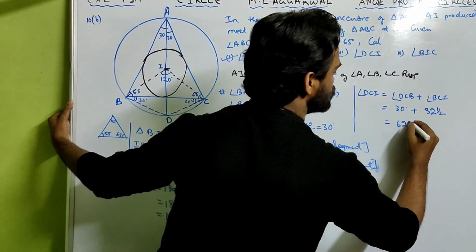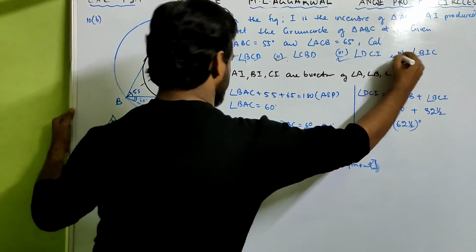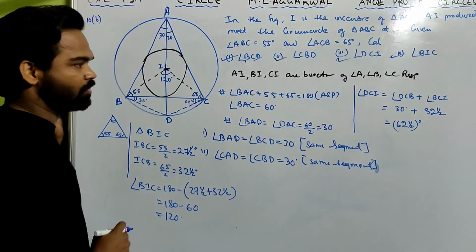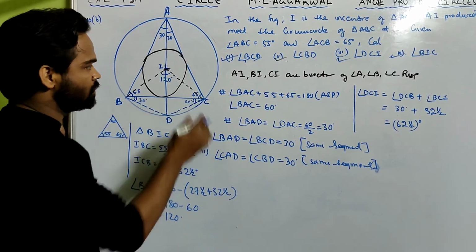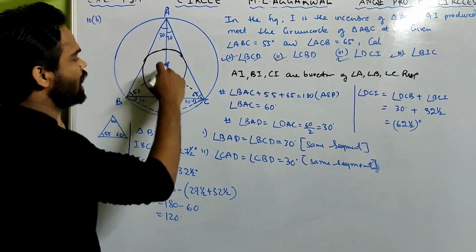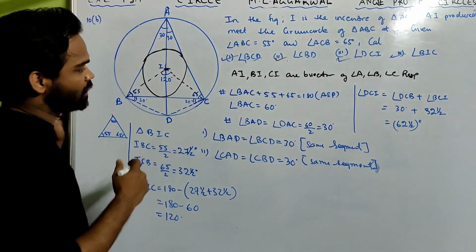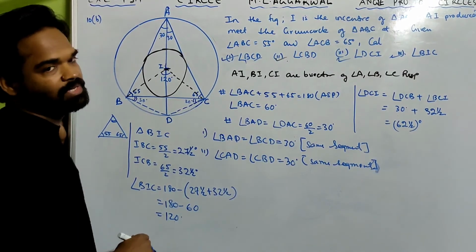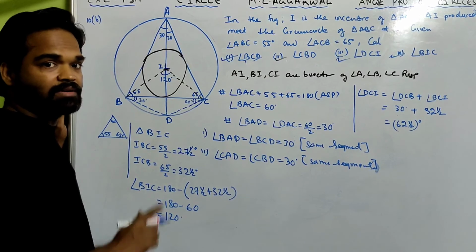So that's 62.5 degree. Done. DCI and BIC we have already got. If you can draw the diagram, use the property, draw the incircle, try to visualize the property that AI, BI and CI will bisect the respective angles, angle A, angle B and angle C. Then your work will be easier. Clear? Now let's look at the next sum.